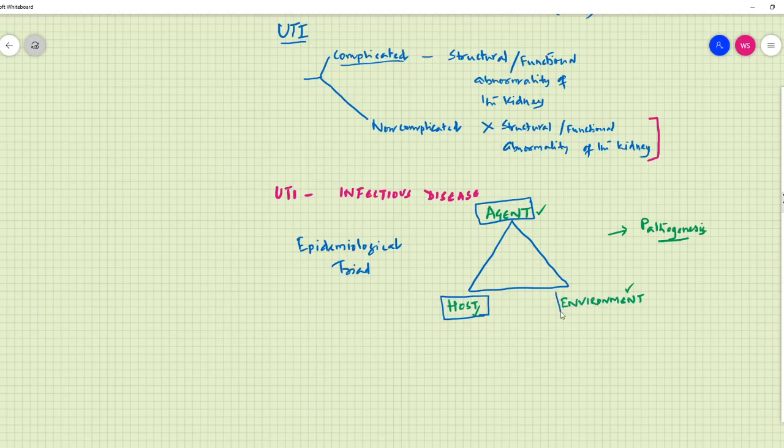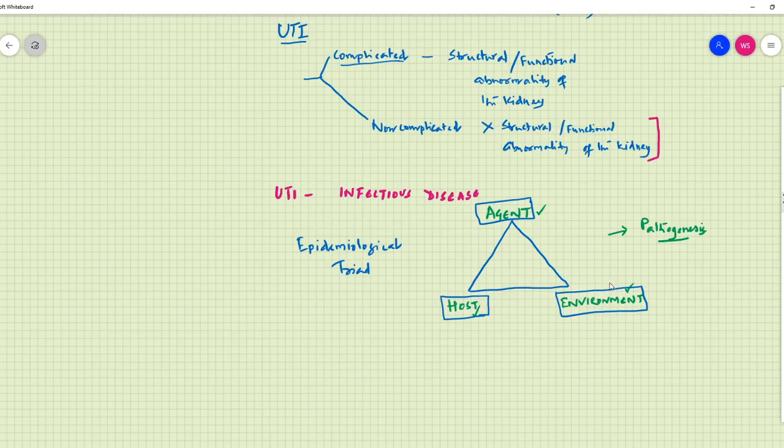Or we can modify the environment. For example, if the woman who is having UTI is using lots of toiletries like antibacterial washes, which change the flora of the vagina, then she would be at higher risk for having a UTI.